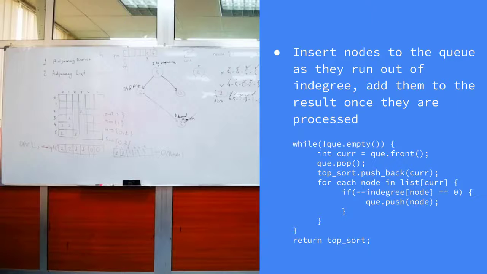But we do not push them into the queue until all of their dependencies are completed, in other words, until their indegree reaches 0. Is this clear with everybody? Because if there are still some dependencies left, there is no way we can execute it right now. We have to deal with them first.